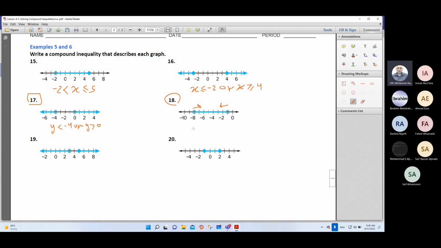Great. So x between two values, -8 and -1. Okay. Try to solve number 19.